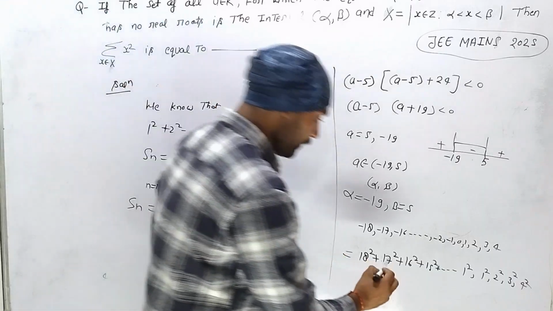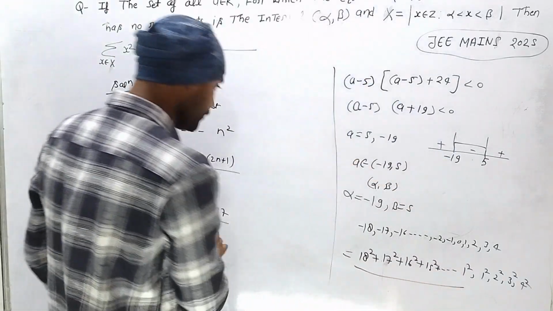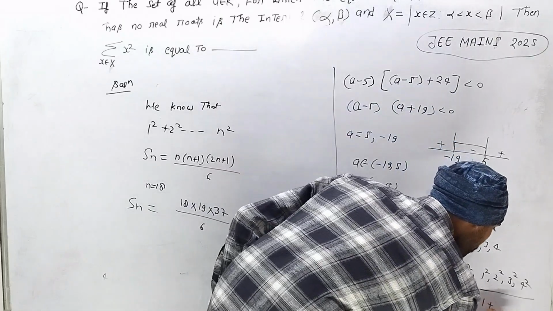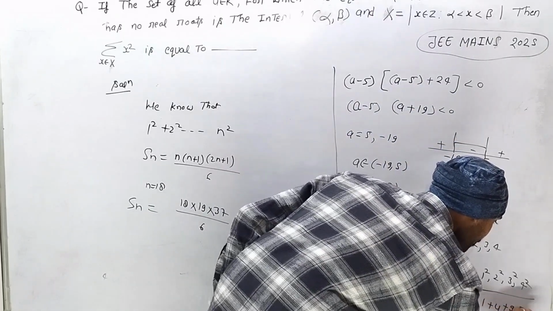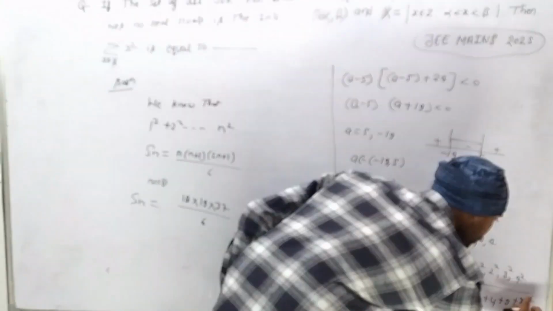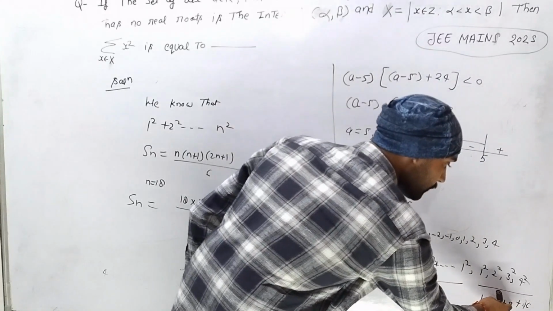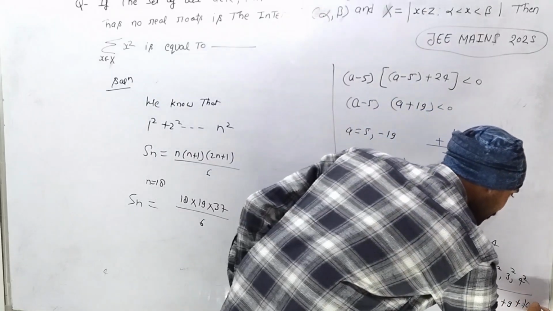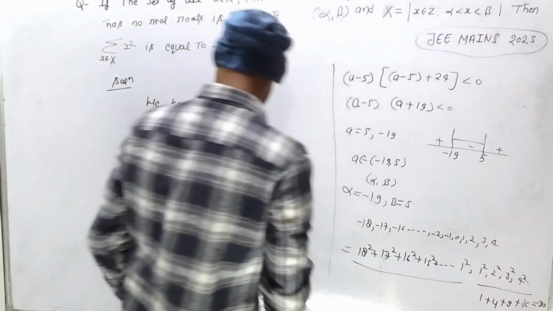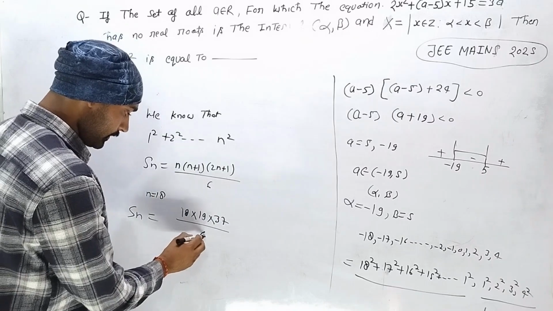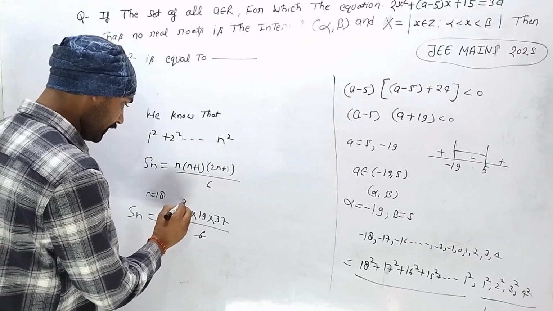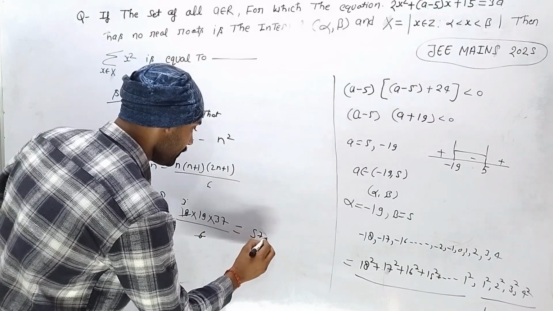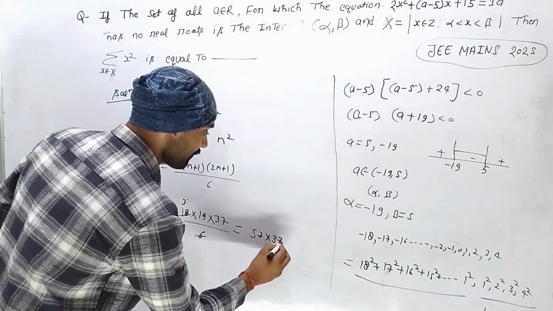And we can also easily calculate 1 square is 1, 2 square is 4, 3 square is 9, 4 square is 16. It will be 16 plus 9 is 25, plus 4 is 29, plus 1, the sum is 30. And if we divide by 3, 19 times 3 is 57, and 37.